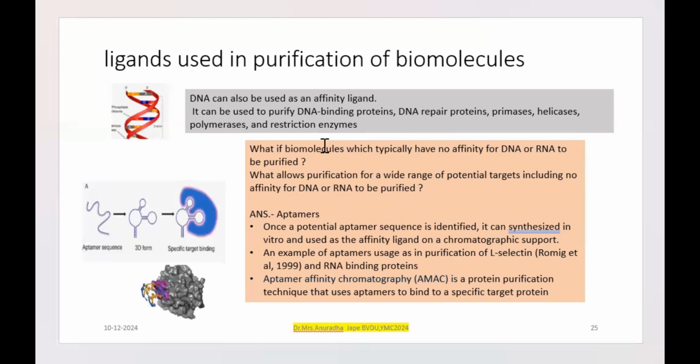So this interaction can be used for purification of these enzymes. That means if you want to purify DNA repair proteins from the cell, or primases, helicases, selectively enzymes that interact with DNA, you can take help of DNA, and DNA will be working as a ligand. RNA, DNA also can be used as ligands in the affinity chromatography.